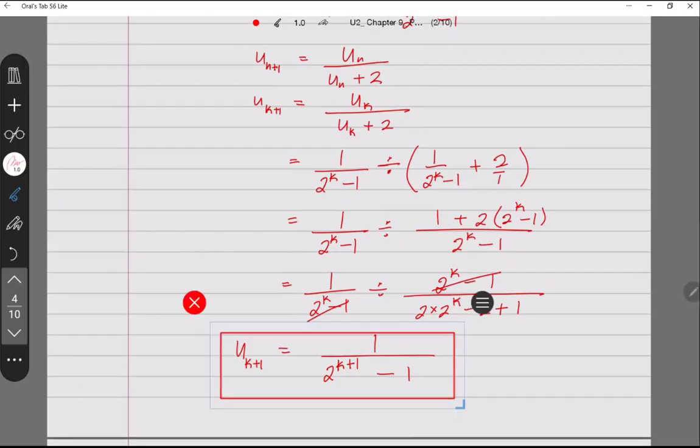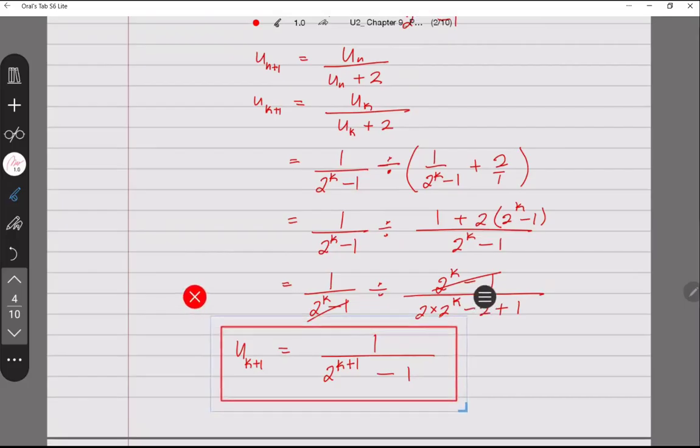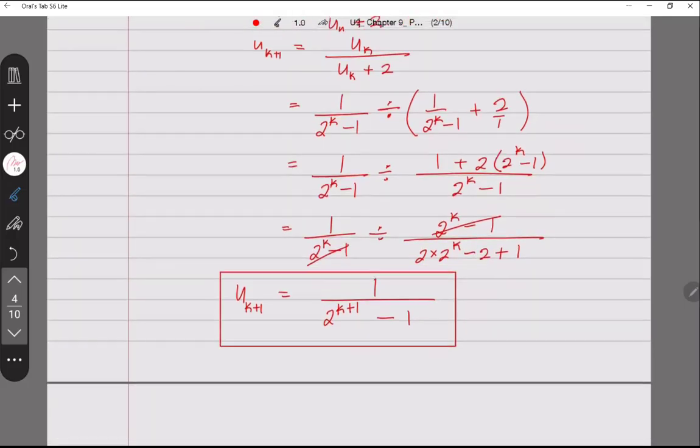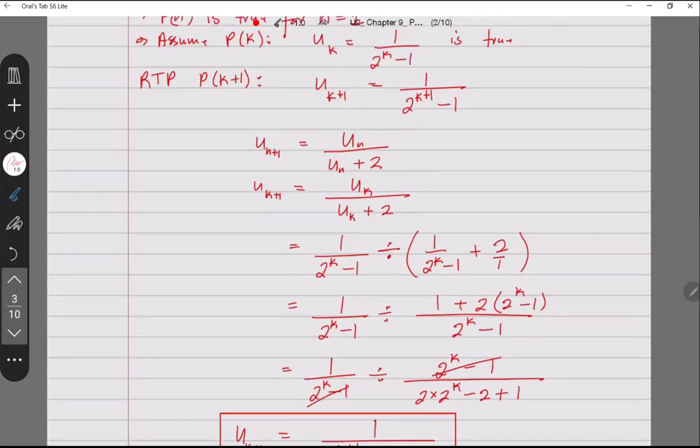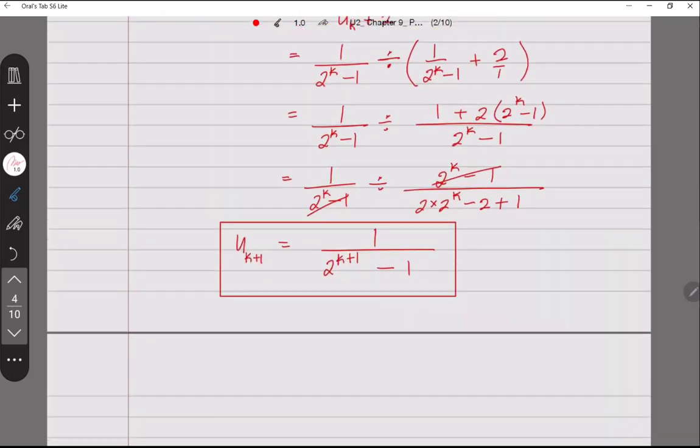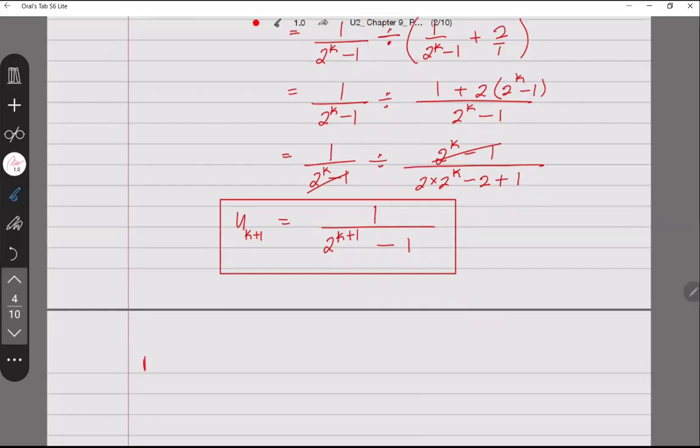So we can double check and see if this is what we're asked to prove. It should be that Uk plus 1, we're required to prove this. And using Uk, we're able to do it. So now I can make my statement that Pk plus 1 is true when Pk is true.